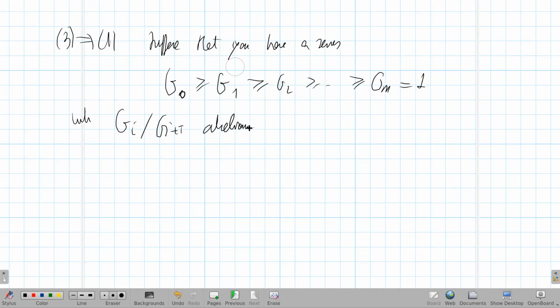Okay, so let's start from the beginning then. We have that G1, since this is a series, by definition, its terms are normal in the next. So G1 is normal in G naught. And by this condition, G naught over G1 is abelian.